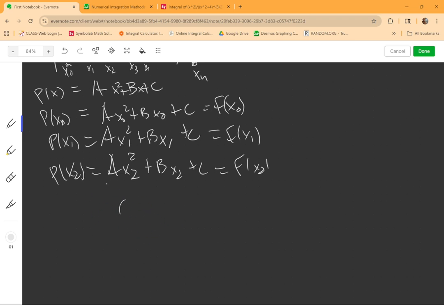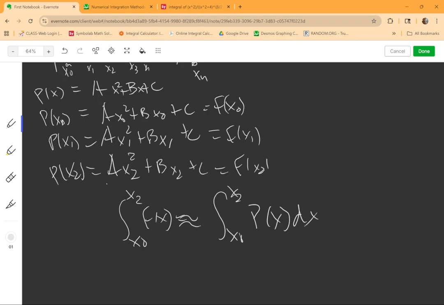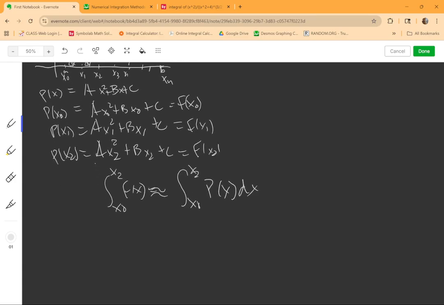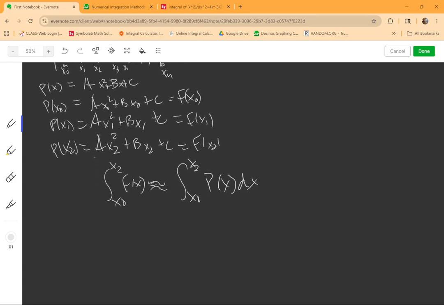So the integral from x0 to x2 of f of x is approximately the integral from x0 to x2 of my polynomial p of x dx. Then we do that for all of the consecutive parabolas that we have across the subintervals from a to b.